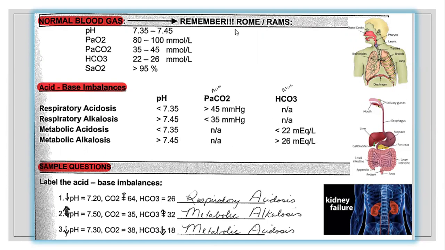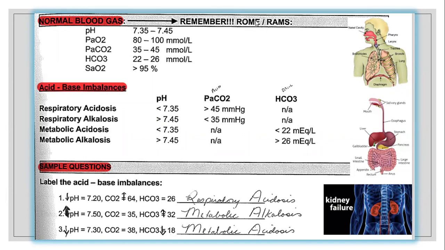Easy way to remember, we call it the ROME method. ROME means in case of respiratory acidosis or alkalosis, pH and partial pressure of carbon dioxide are supposed to be opposite.